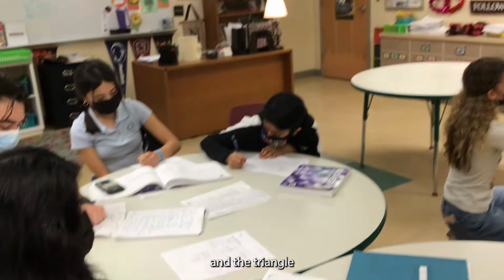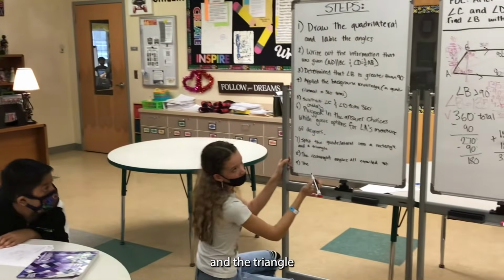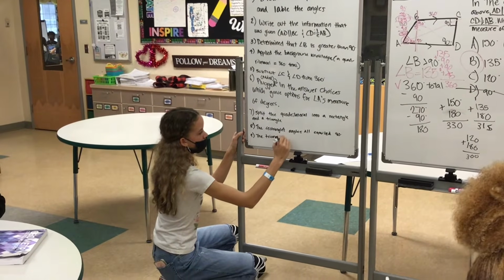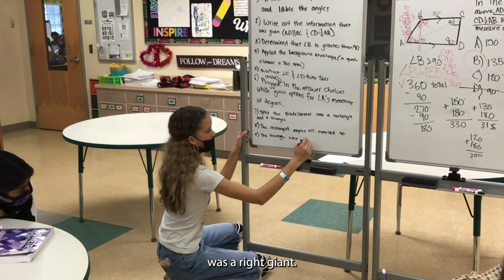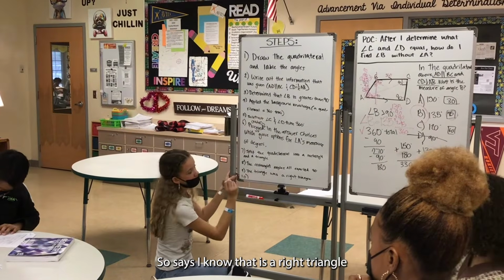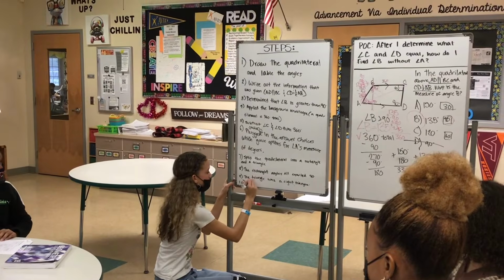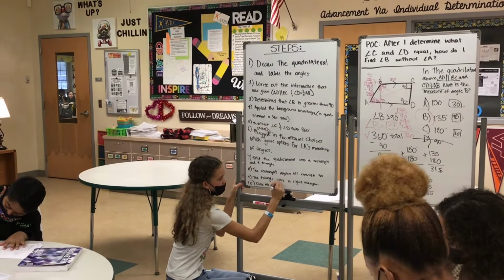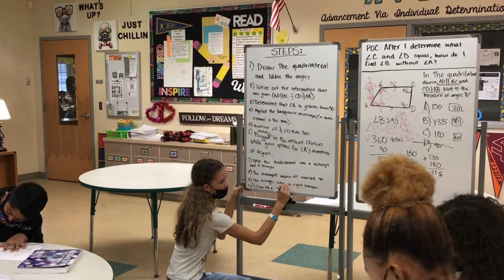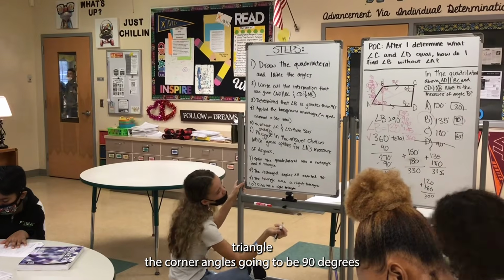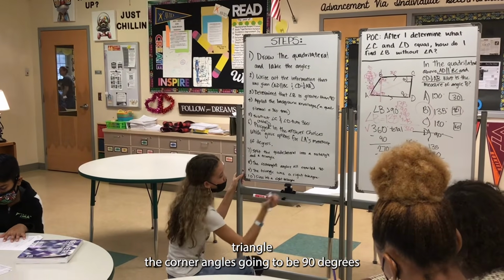And the triangle was a right triangle. So since I know that it's a right triangle, the corner angle is going to be 90 degrees.